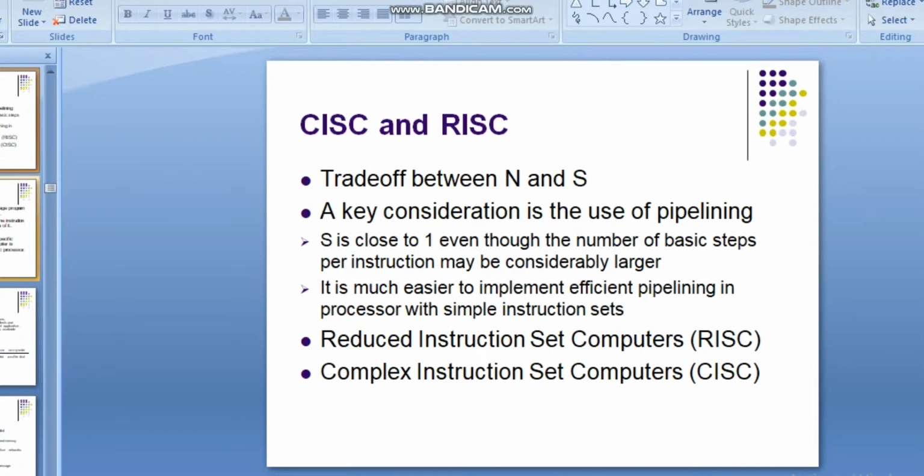Why is it called PowerPC? Because with fewer instructions, it is able to perform operations equal to a CISC computer.